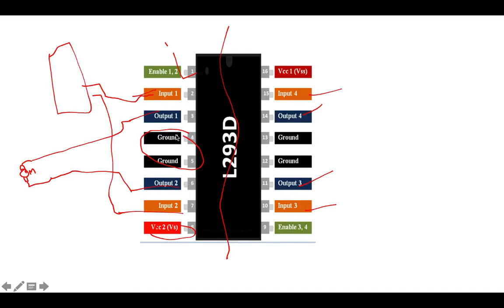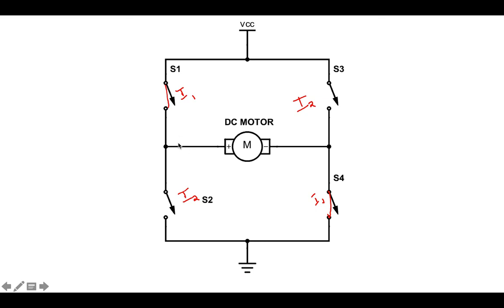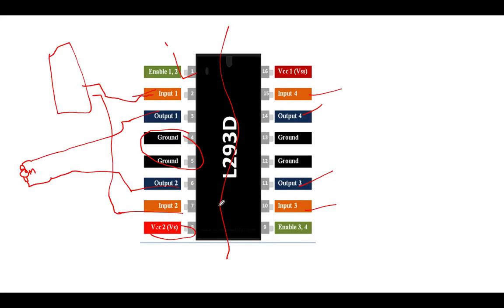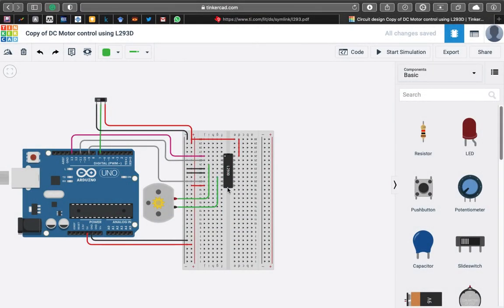This is output 1 of that IC, and this is output 2 of the IC. So this is the basic circuit diagram for the connection.